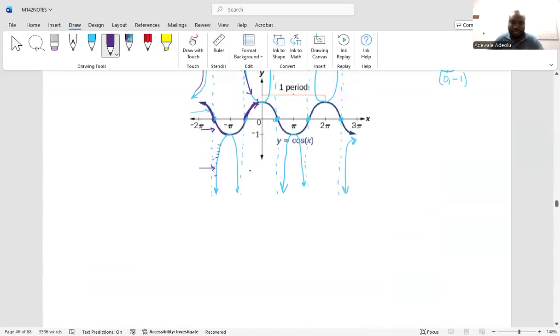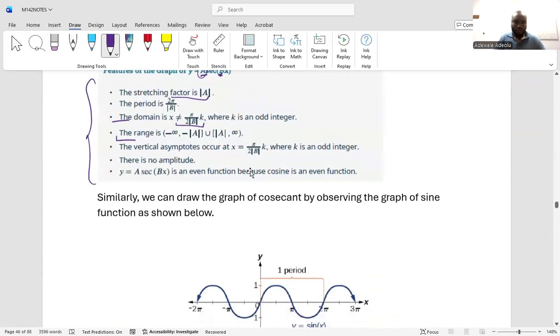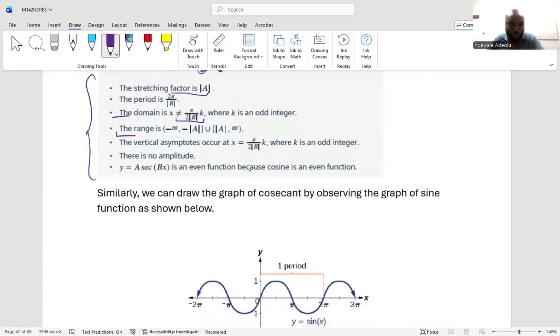The range would be starting from whatever it is here, upward, right? And whatever it is here, downward. Okay, so we also say the vertical asymptotes occur where cosine of the angle is 0. So that is where vertical asymptotes occur for secant.